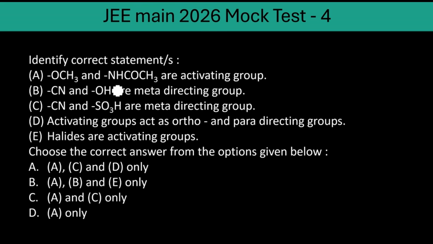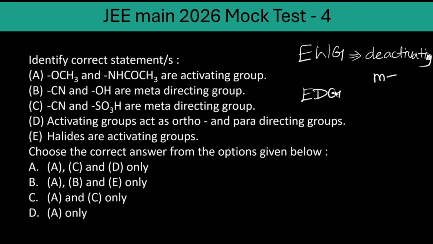Identify the correct statement. OCH3 and NHCOCH3 are activating groups. This question is entirely about electron withdrawing groups and electron donating groups, and how electrophilic aromatic substitution goes. Always remember one thing: electron withdrawing groups are deactivating and direct to the meta position.